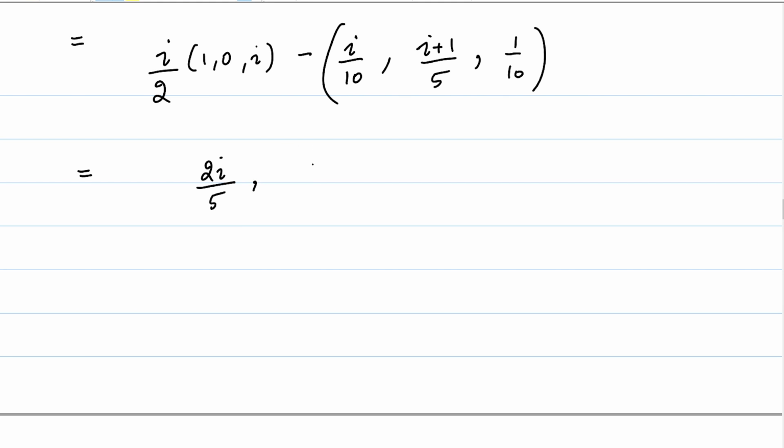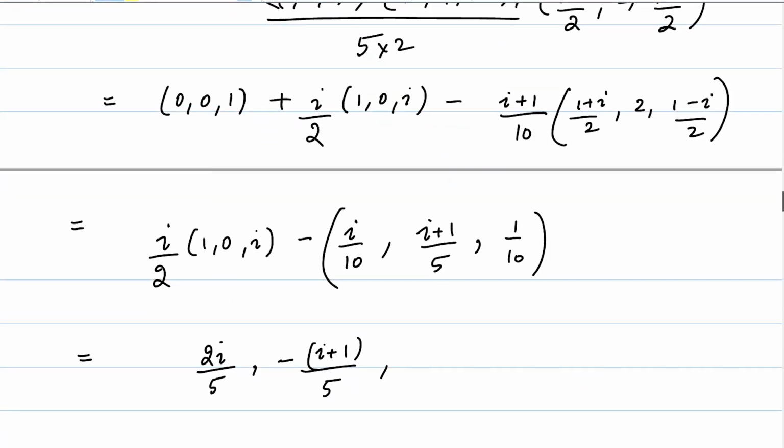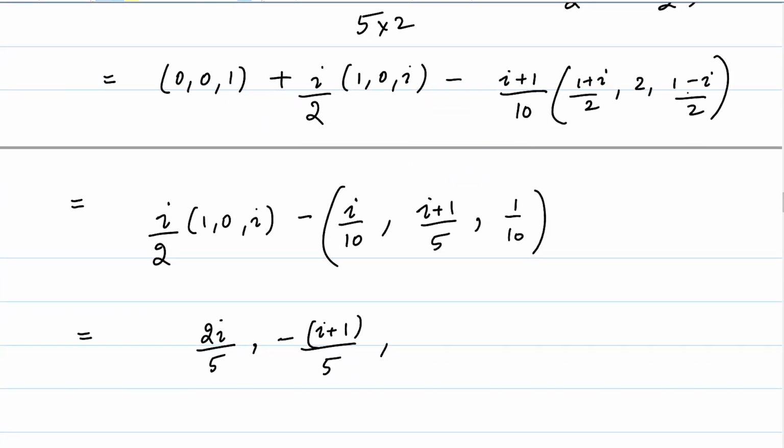And the next one will just be equal to minus of (i+1)/5, and this is minus of 1/2 minus 1/10. Or did I miss a sign here somewhere? i minus (1-i) squared, 1 plus 1, that is 2/10, that is right.